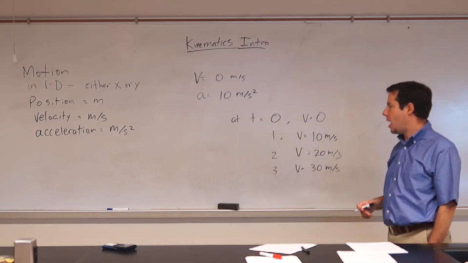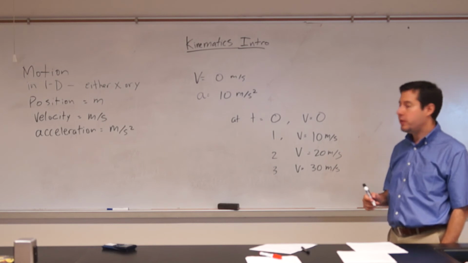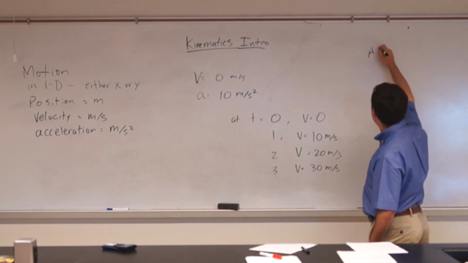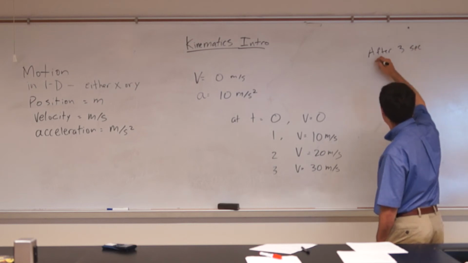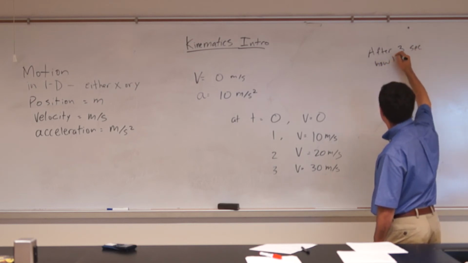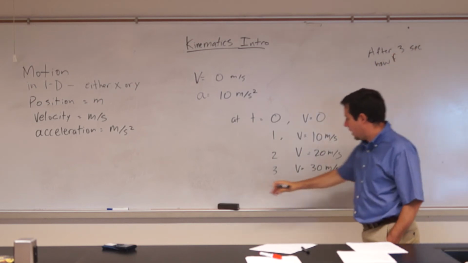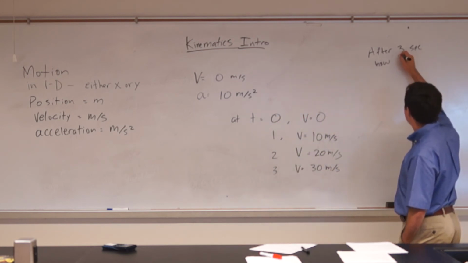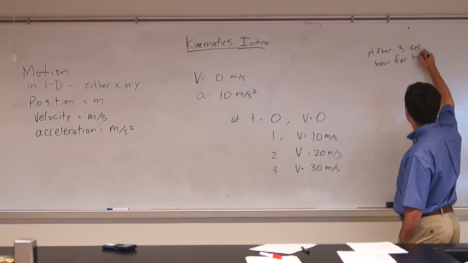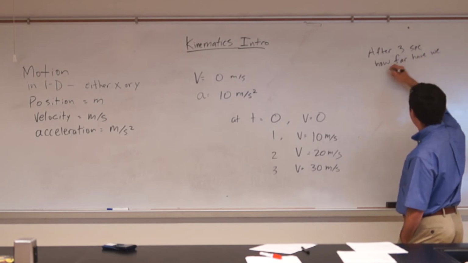So the question I'm going to ask now is, how far have we traveled after 3 seconds? If you look at this, think for a second before I explain the answer. How far have we traveled?